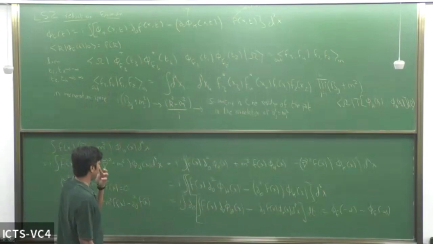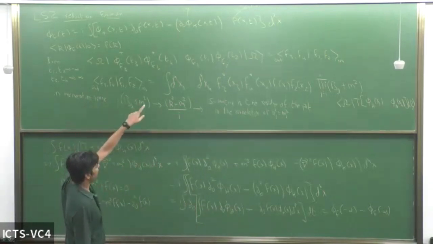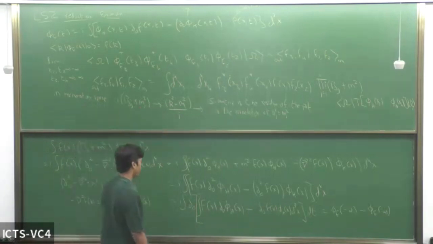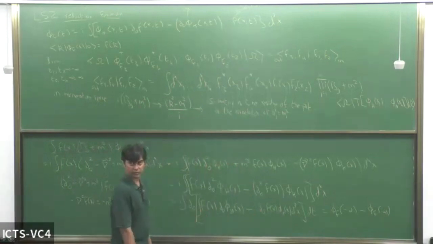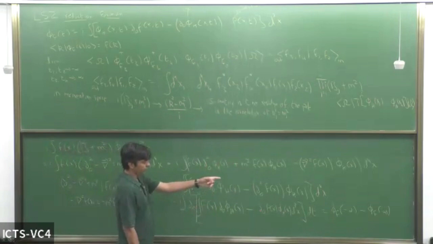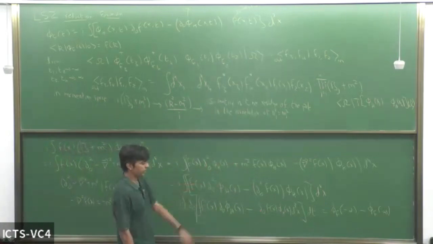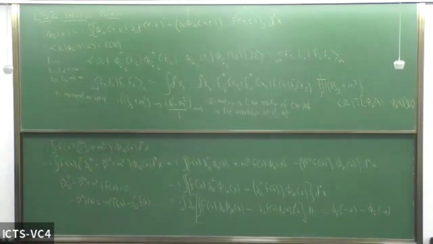It's minus phi f because we chose to define phi f as phi times d0 minus d0 phi times f. Here we have f times d0 minus d0 f times phi. So it's just minus phi. And therefore, you would have got phi f of plus infinity minus phi f of minus infinity by doing this, but because of the minus sign, you get this. So that's the first result.